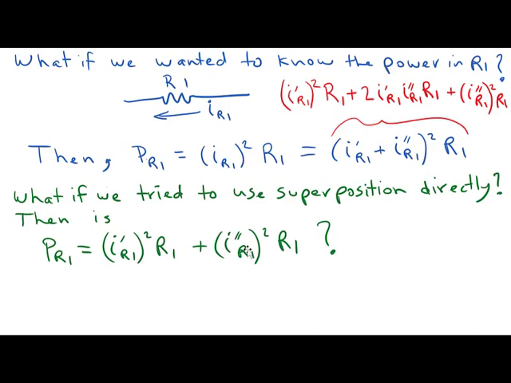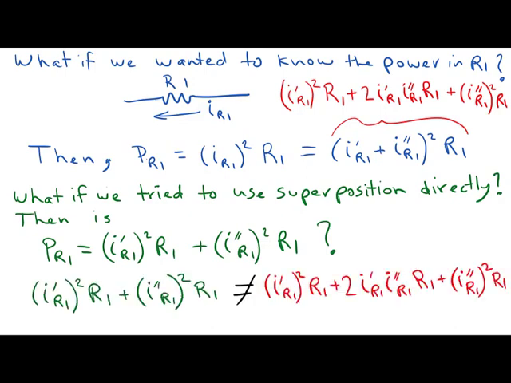So let's break it down a little bit. Let's go back to our original, where we had I prime R1 plus I double prime R1, squared, times R1. And if we expand that out, we get the term above in red. Okay, so it's looking a little bit more complicated. So let's compare the two expressions for PR1.